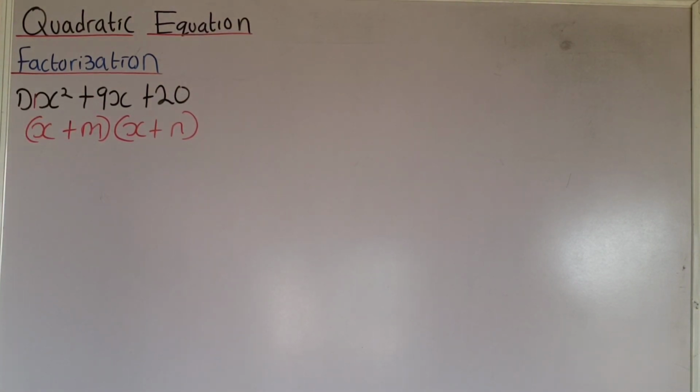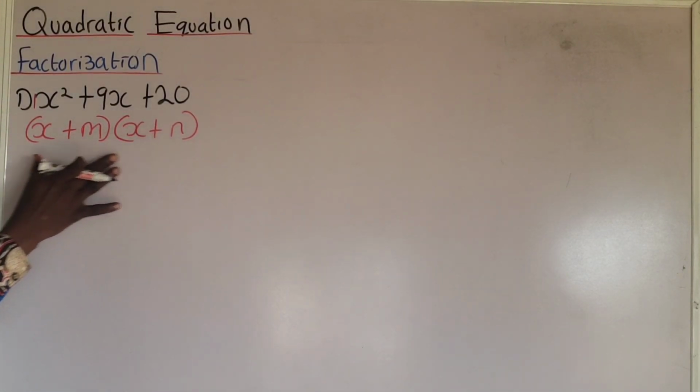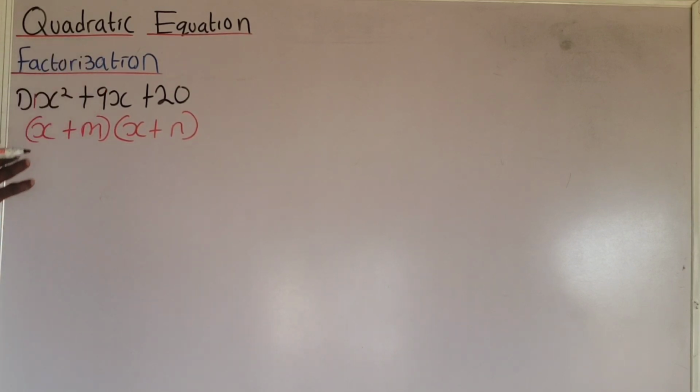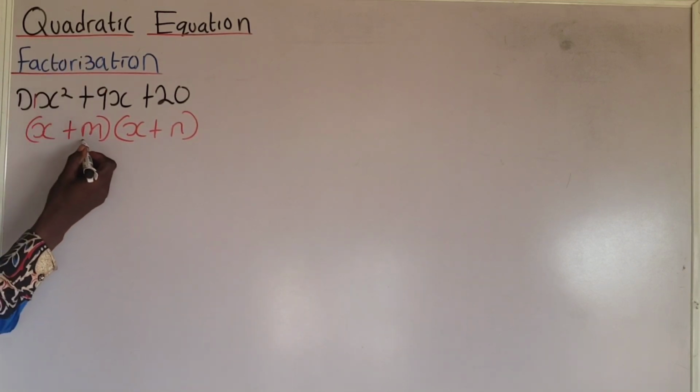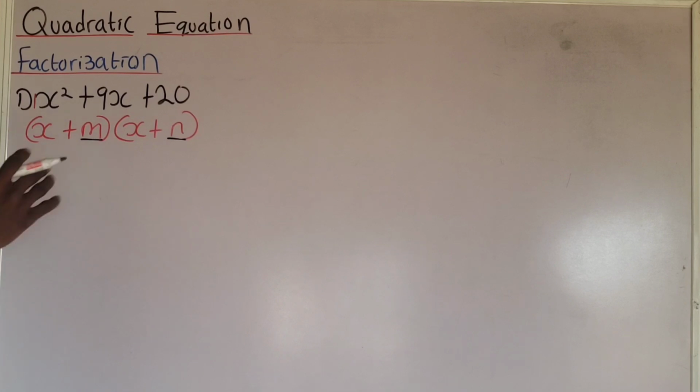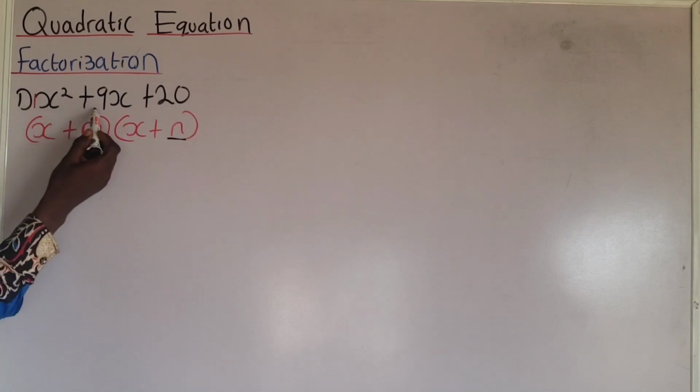We don't know these two numbers; we want to determine them. If we know them, we have already factorized the quadratic. Their sum must be equal to the coefficient of x, which is 9.